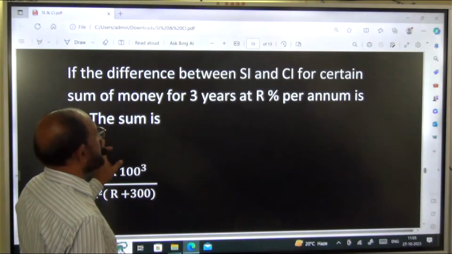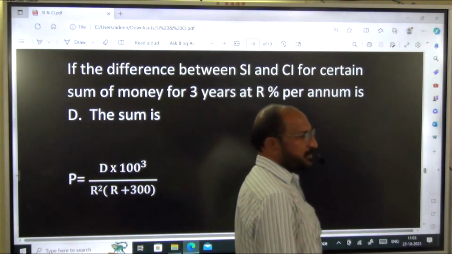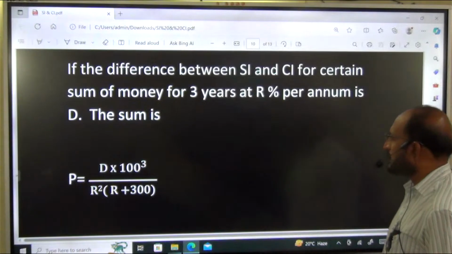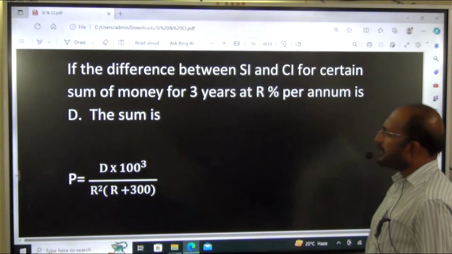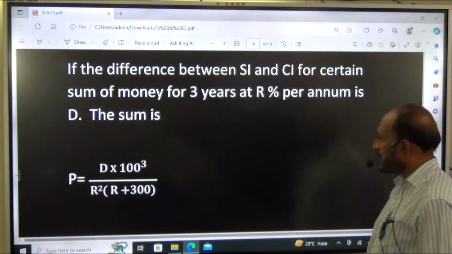If the difference is given for 3 years, use this formula. Principal is equal to D into 100 cube by R square into R plus 300.